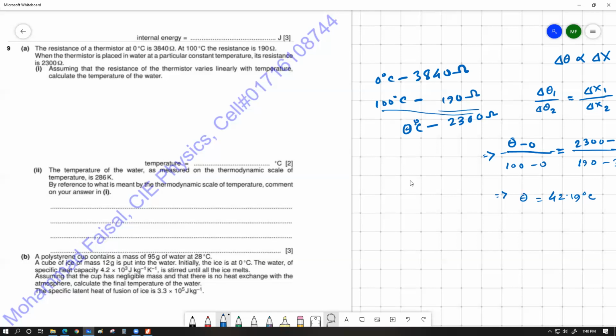Similarly, for the Fahrenheit scale, we don't use it in physics almost at all, but in biology we still have some use for it.